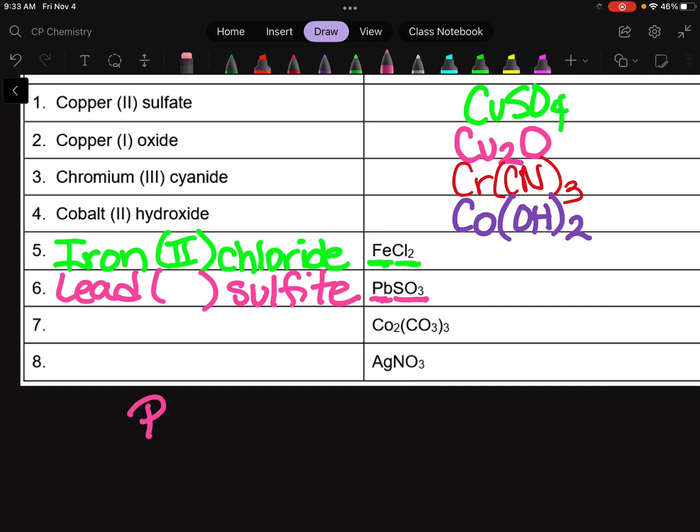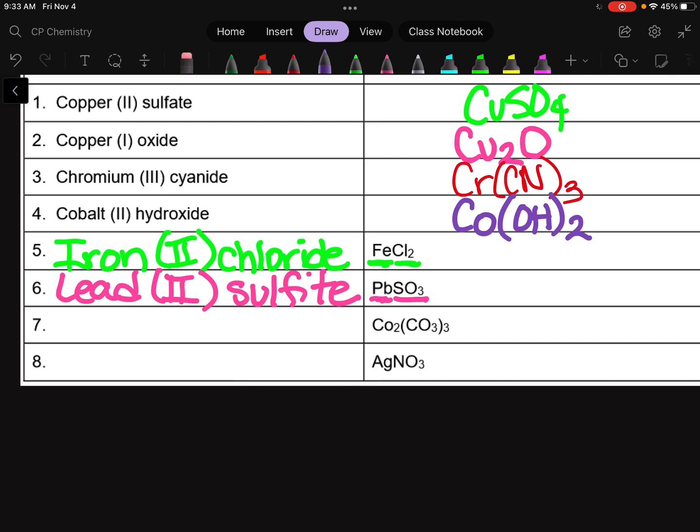So in this formula, there's only one Pb, and there's only one sulfite. And sulfite's charge is -2. So lead's charge has to be +2 to make a neutral compound. So you'll have Roman numeral 2 in parentheses behind lead's name.